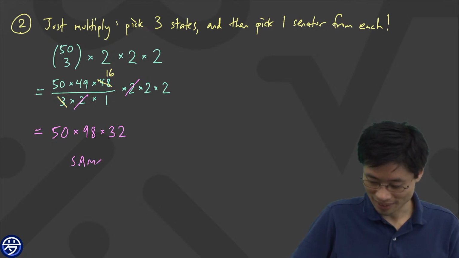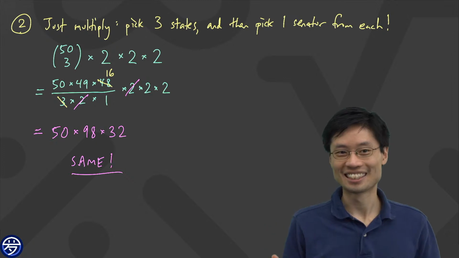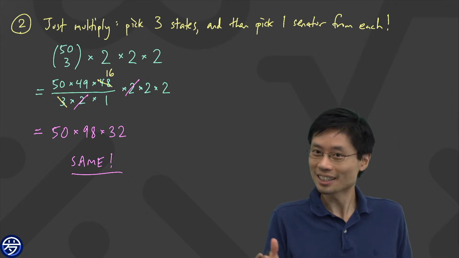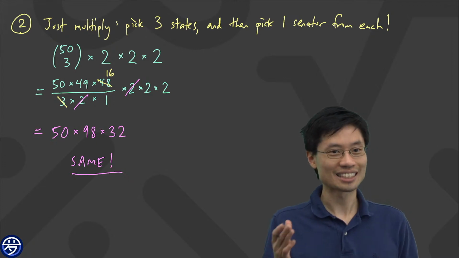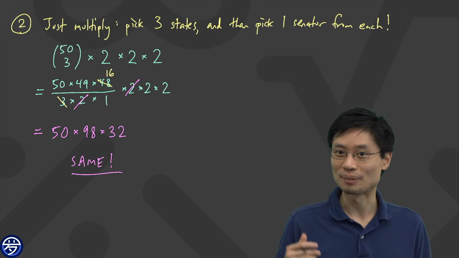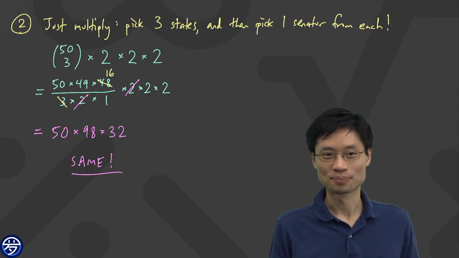Same. And so math works. It's always very satisfying when you have 2 different ways of solving a problem and they come to the same thing. So I think this is a reasonable answer to the question of how you go about building these committees.